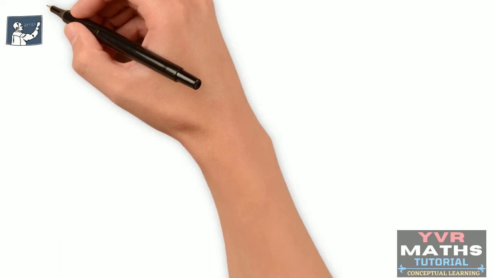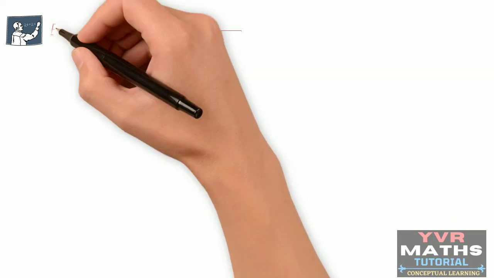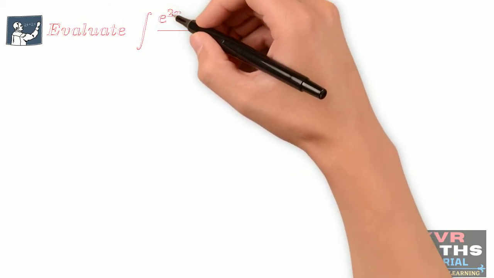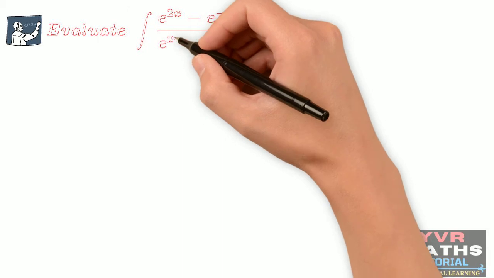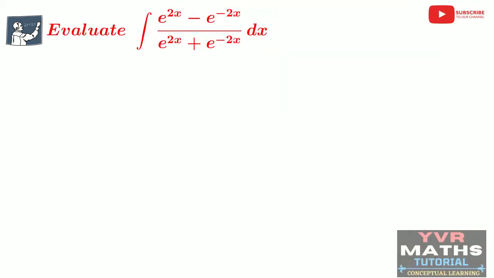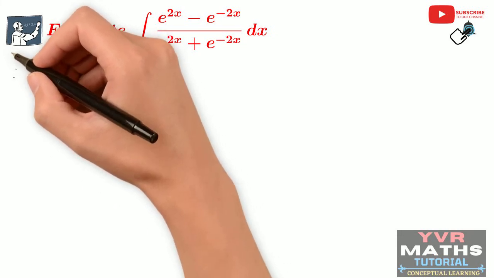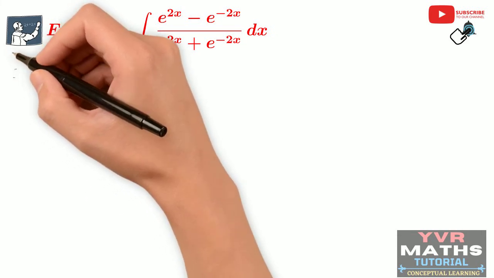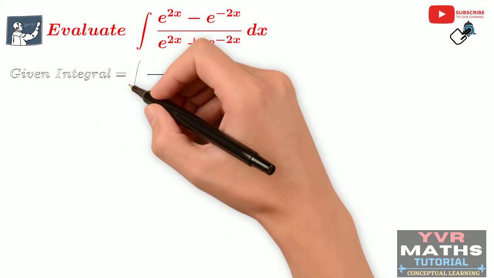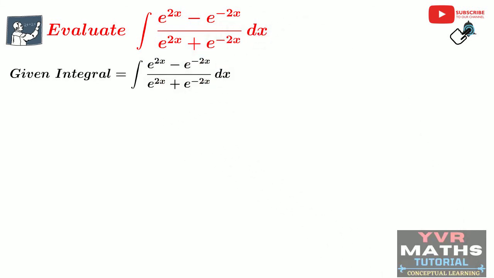Let us discuss one more problem. See here, evaluate the integral of (e power 2x minus e power minus 2x) by (e power 2x plus e power minus 2x) dx. Let us discuss the solution of this one. Given integral is equal to integral (e power 2x minus e power minus 2x) by (e power 2x plus e power minus 2x) dx.